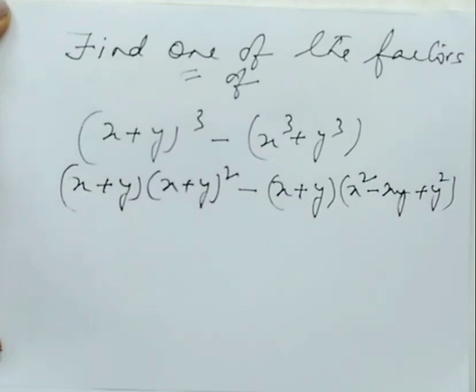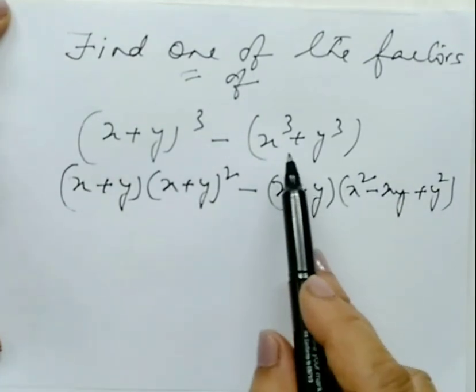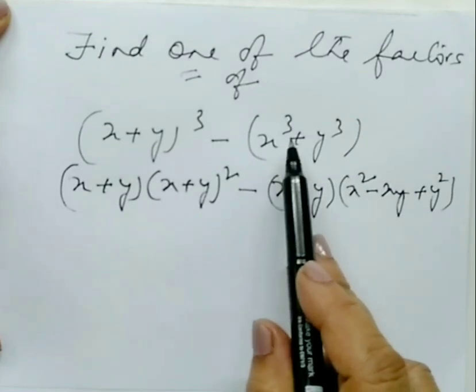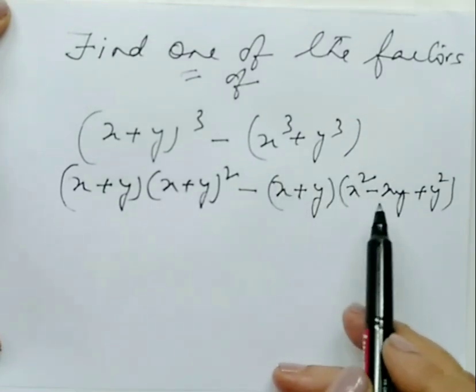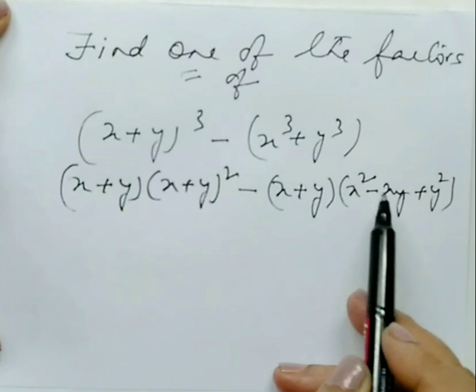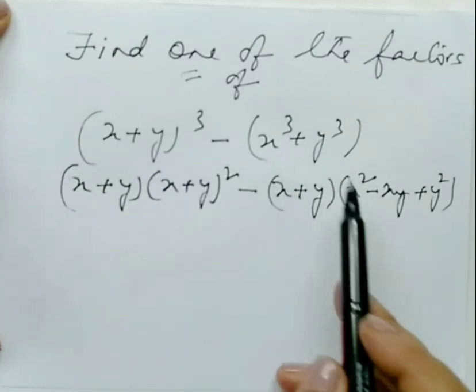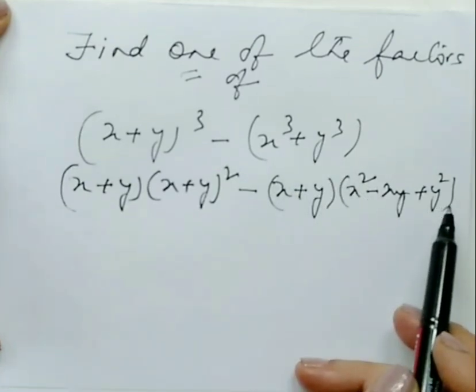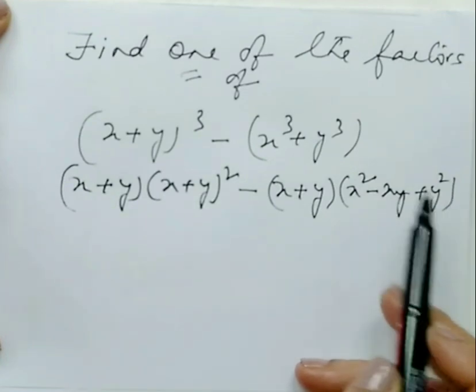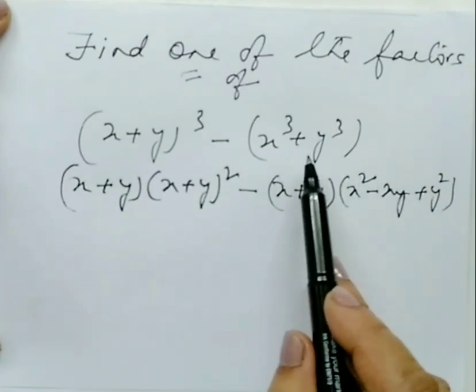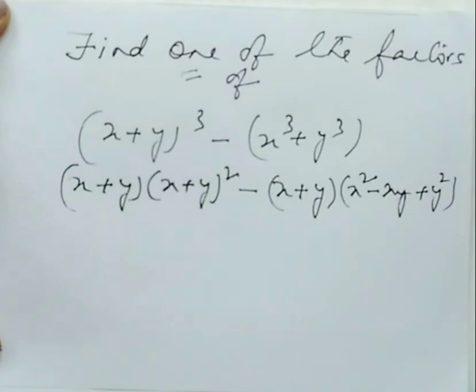Okay, remember, whenever there is a plus over here, x cube plus y cube, there will be a minus here. Whenever there is a minus here, there are no minus sign in the second factor of x cube plus y cube. Alright. So what next?